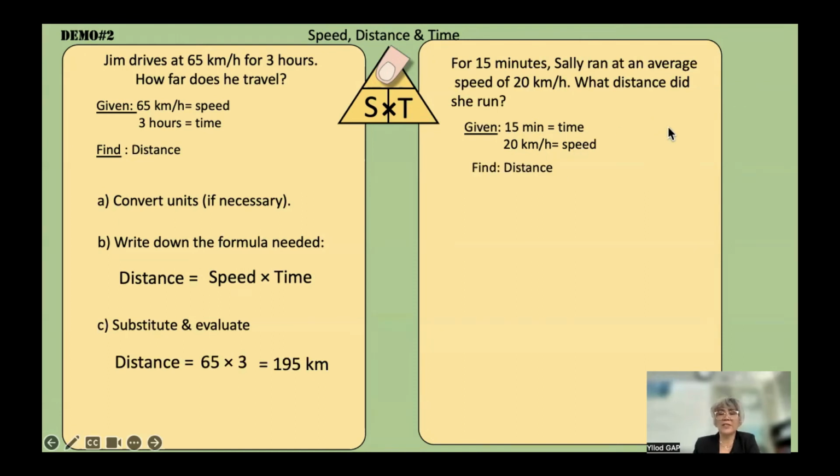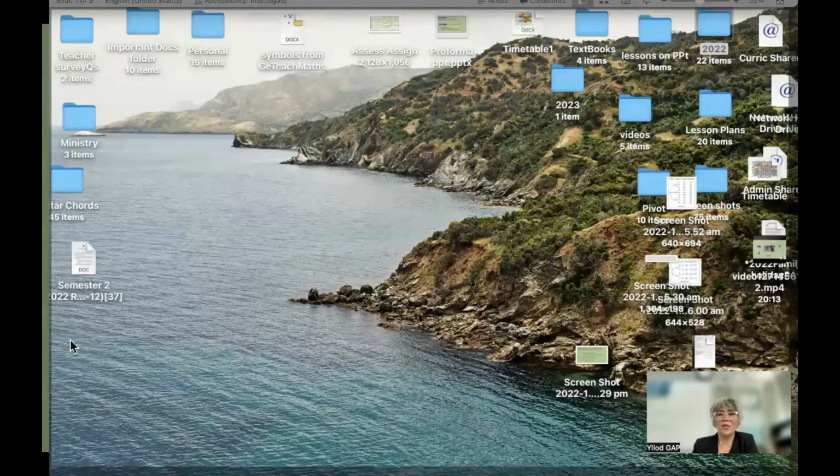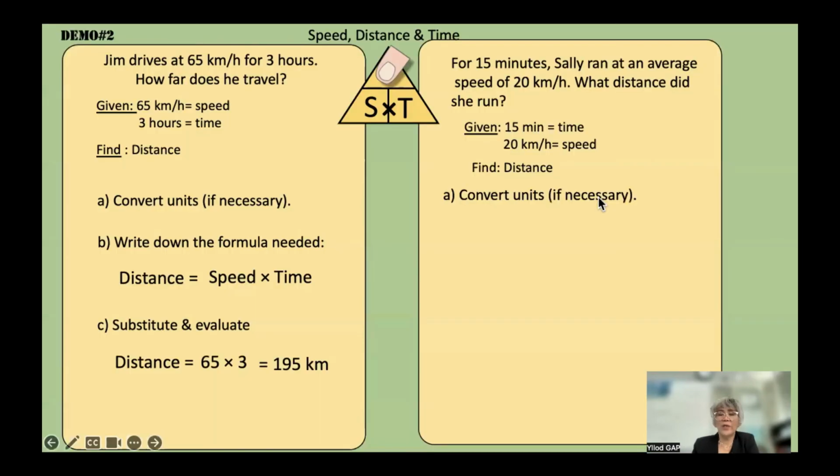So you have distance we're looking for because it's obvious, it says what distance. All right, so we'll check, we need to convert. So 15 over 60, and that is 0.25 of an hour.